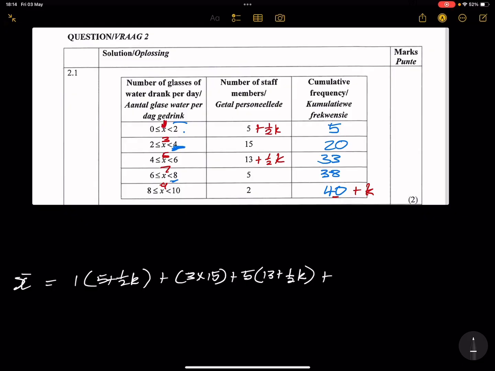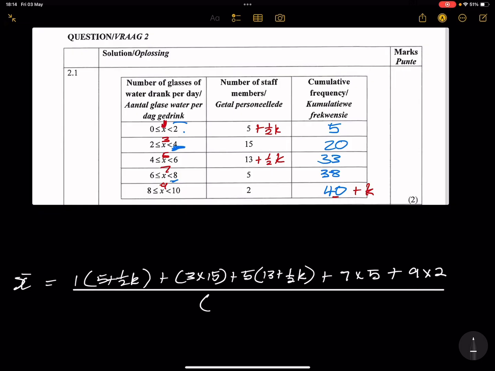Plus another 7, so we've got 7 times 5, plus, in this case, 9 times 2, and this is divided by 40 plus k, which is the total number that we had.